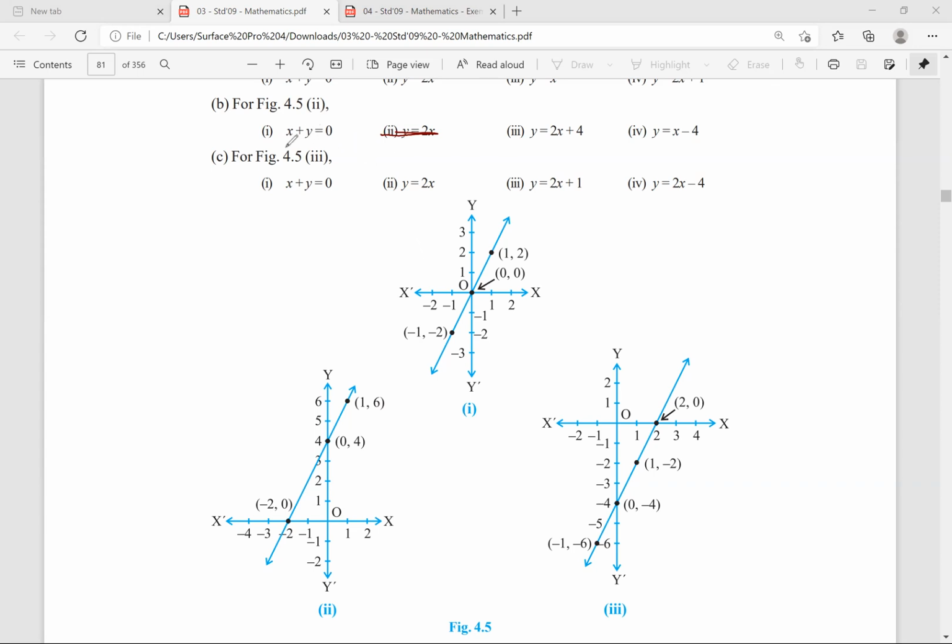Now, what about the other options? What about option A, the first option? x plus y is equal to 0. Can I write it as x is equal to minus y? Can I write it like that? I'm waiting for your response, guys. You can even type in the chat box if you're not comfortable unmuting.